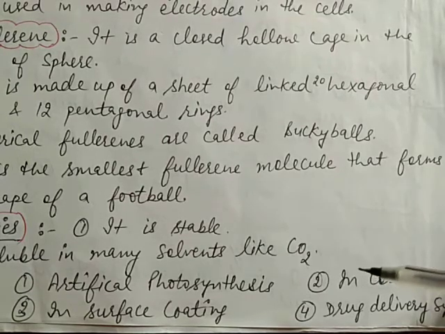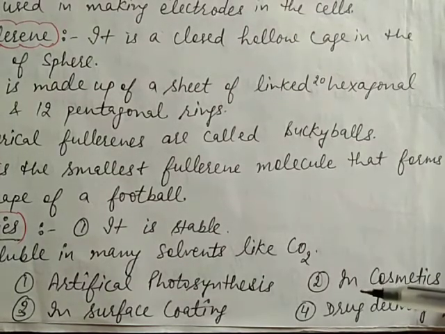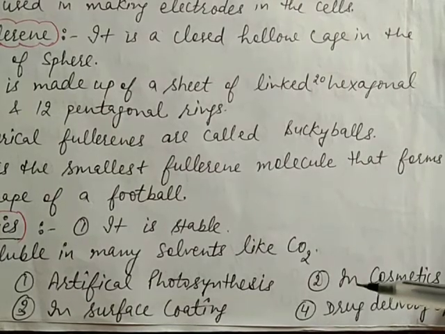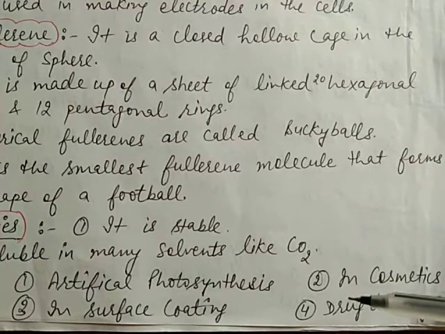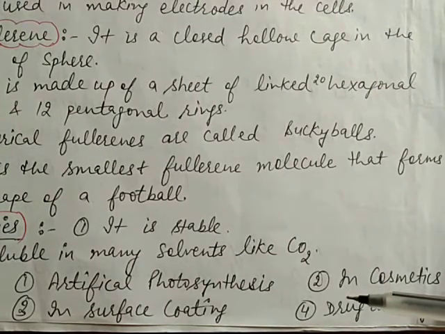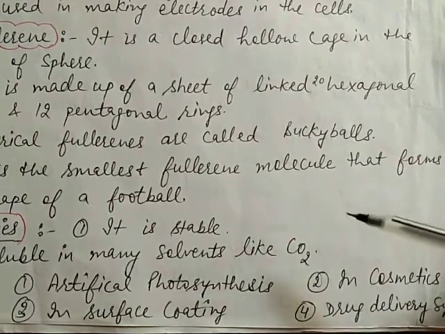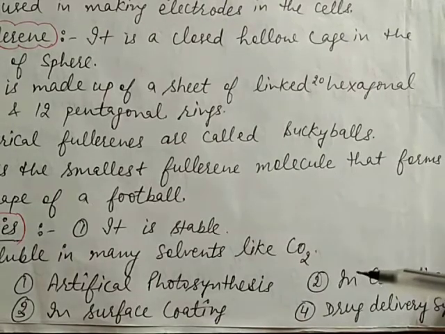So we can say that the buckyball ability of fullerene to trap different atoms or molecules makes them useful in the medical field. Fullerene also helps in improving anti-friction properties of lubricating oil. So all these are the uses of fullerene.